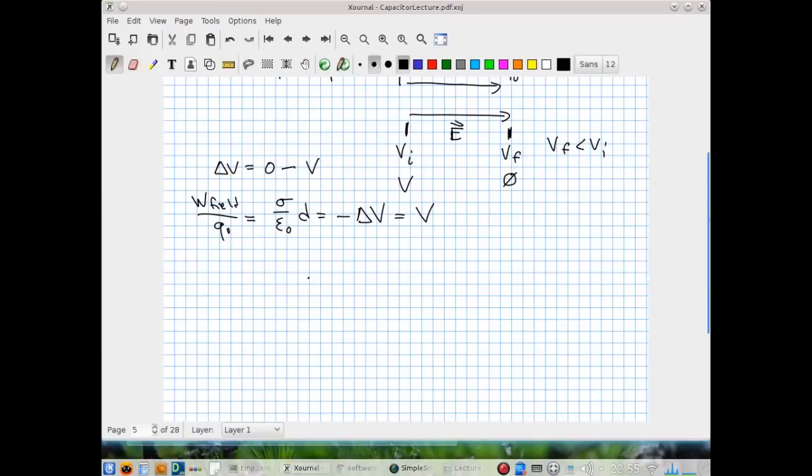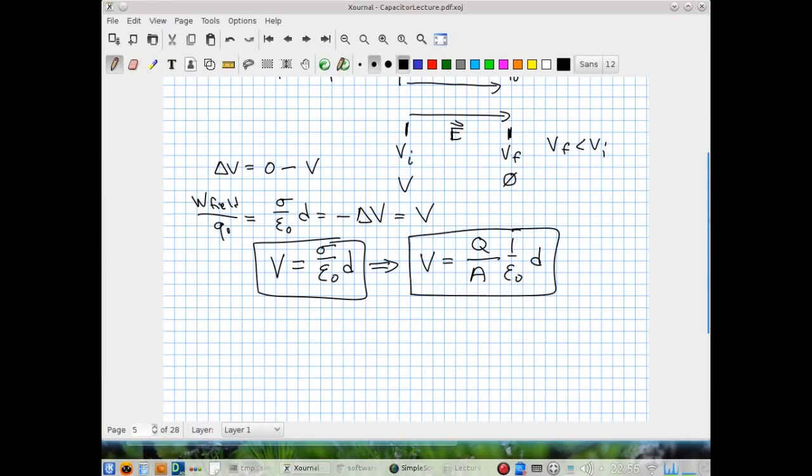We can very quickly write a relationship between the electric potential on one side of the system, the charge density stored on the surfaces of either of the plates, and the spacing between the plates. And if we go ahead and actually write out the charge density as Q over A, and then we have 1 over epsilon naught, and D, we have this relationship here.